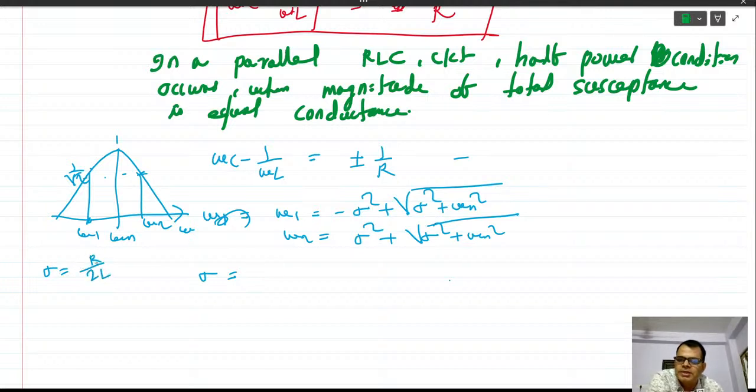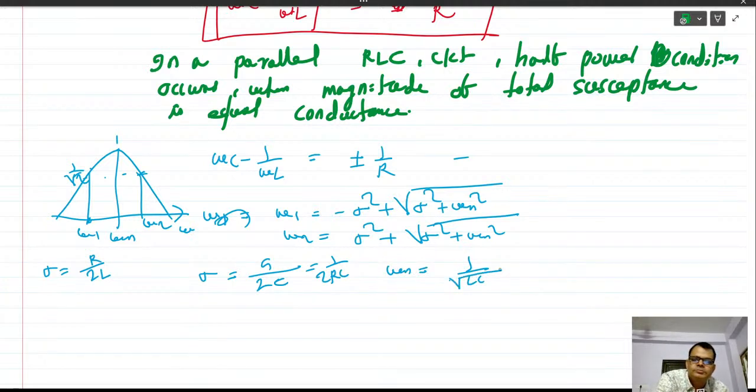So use the duality, you can easily get it. In place of R you replace G, in place of L you replace C, that is 1 upon 2RC, okay, and omega n as usual 1 upon root over LC. Clear?